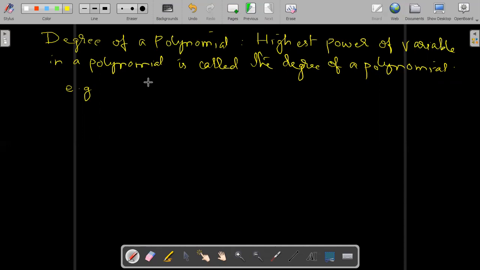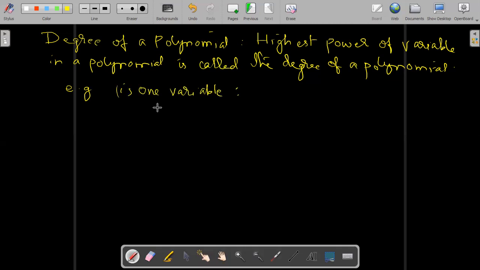The highest power of the variable is the degree of the polynomial. So we are taking the example for one variable first.